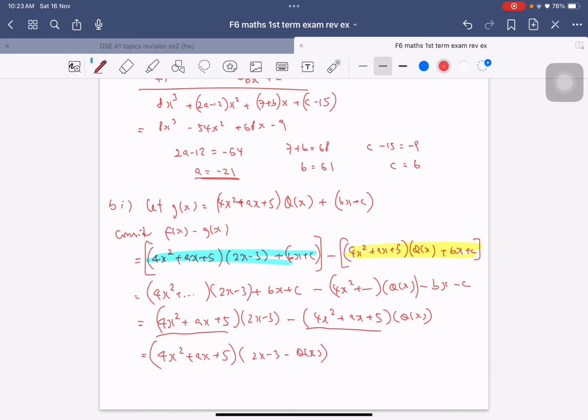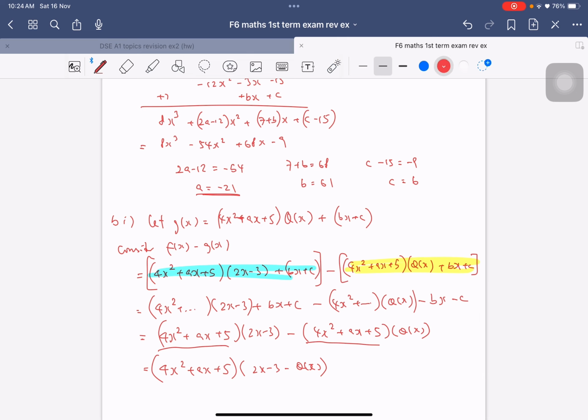Even though we don't know the actual q(x), we can take out 4x squared plus ax plus 5 as a factor, so f(x) minus g(x) can be divided by 4x squared plus ax plus 5.